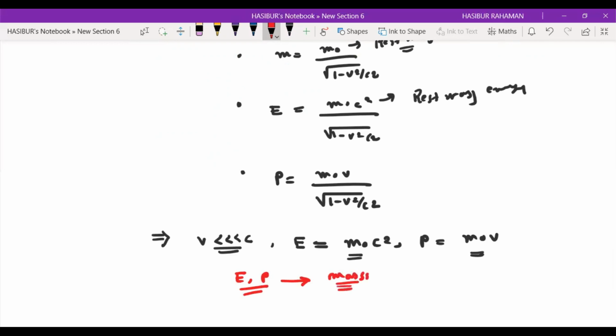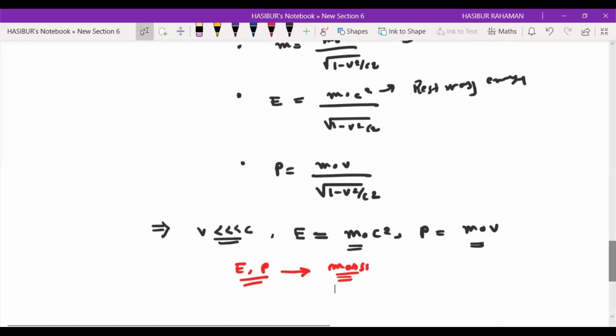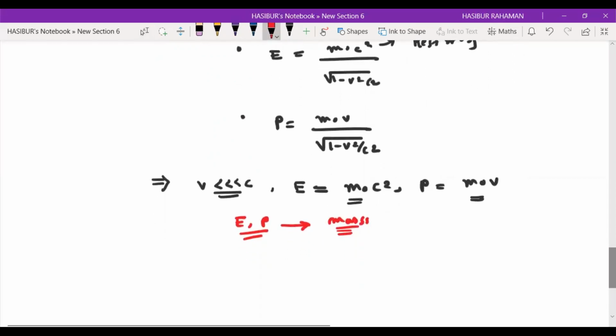But in relativistic mechanics, what happens? We need to check. So let's label these equation 1 and equation 2.